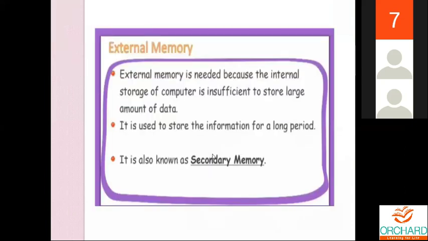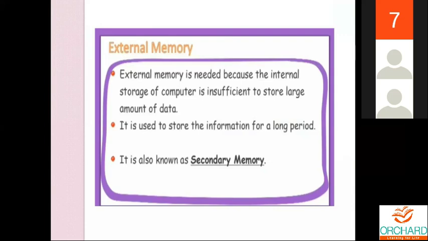And next is external memory. Okay. So external memory, in the sense, secondary memory. See, the computer needs some additional memory, right? So that additional memory is called secondary memory. It is attached to the computer or it may be inserted into the computer.